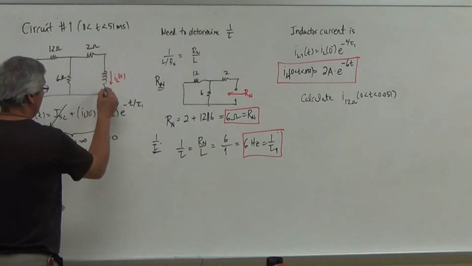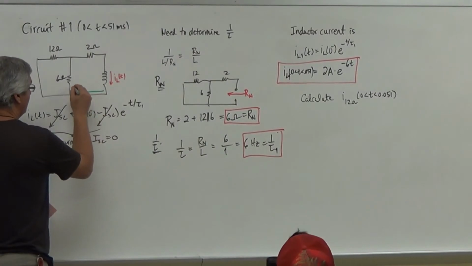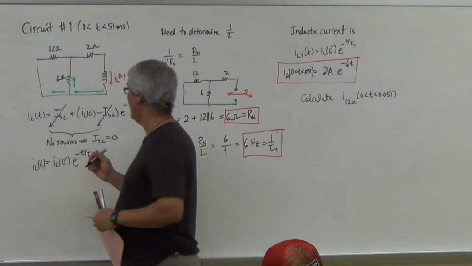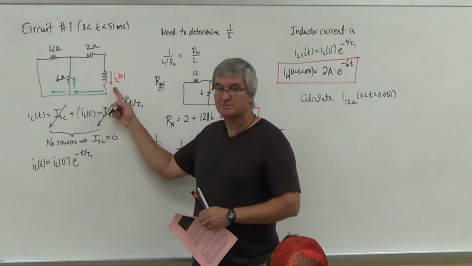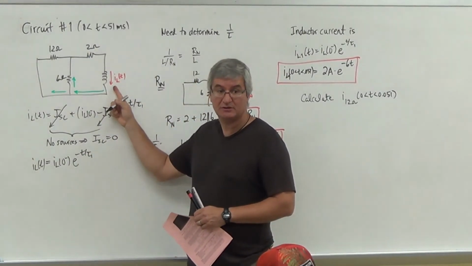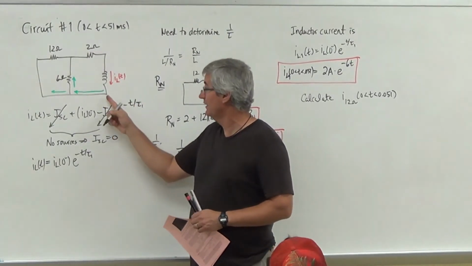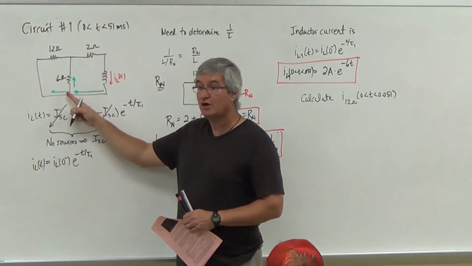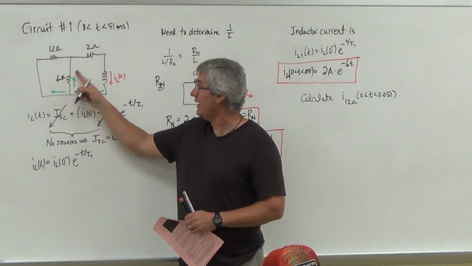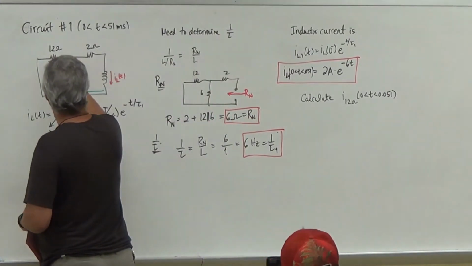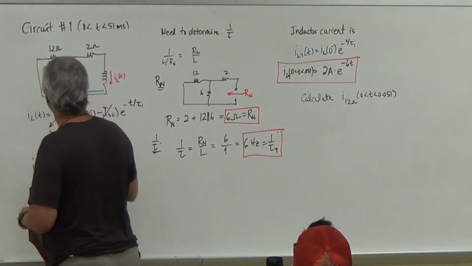Well, the current's coming all along here, and then it splits. Now, I'm not saying that this is the source, but it's sort of like producing the current in the circuit. It's leaking out of this inductor, if I could say that. So that means I could use a current divider rule to figure out the current of this 12 ohm resistor. This is what we're after right there.